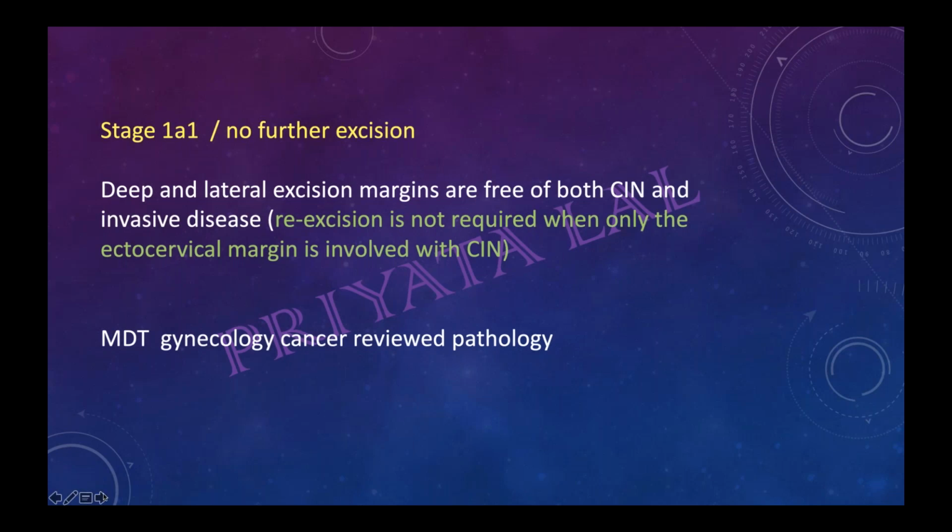That means we can do both therapeutic conization and LEEP, any option? Yes. Thank you. But this is up to my knowledge, and I will again post something regarding this in the group.